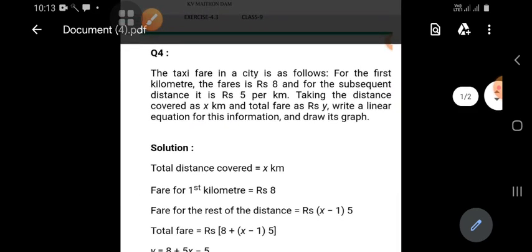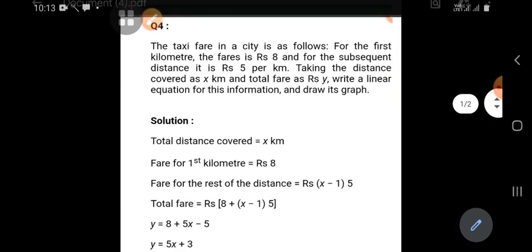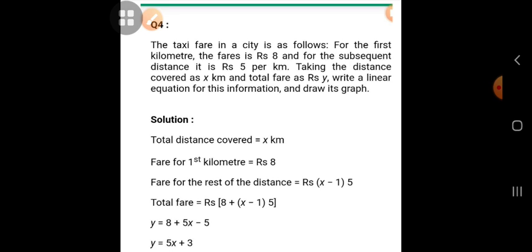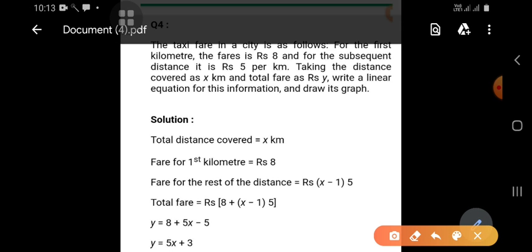Look here. First, let the total distance be x kilometer, and another condition is that for the first kilometer it is 8 rupees. The total distance is x kilometer, so the remaining distance after 1 kilometer is x minus 1.